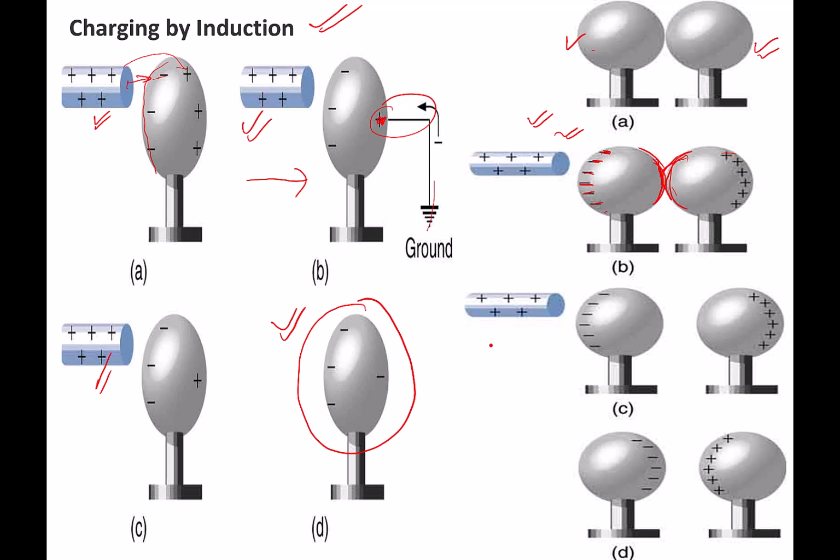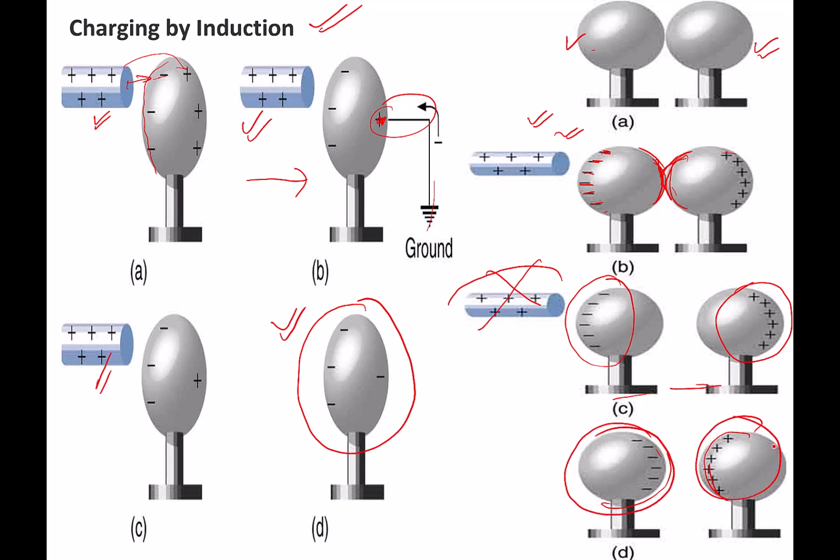If I now remove this, if I separate them out, there is a net positive charge on this one and a net negative charge on this one. Now if I remove this rod, the negative charge will cause the attraction of the positive charge. So now we have a negatively charged ball and a positively charged ball, or a sphere, separately induced.